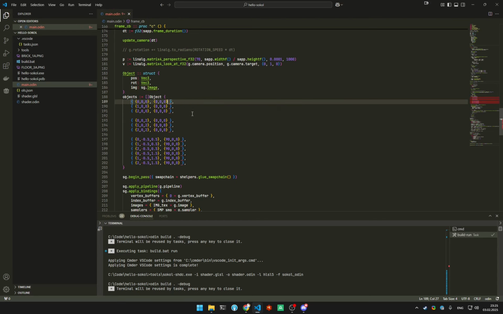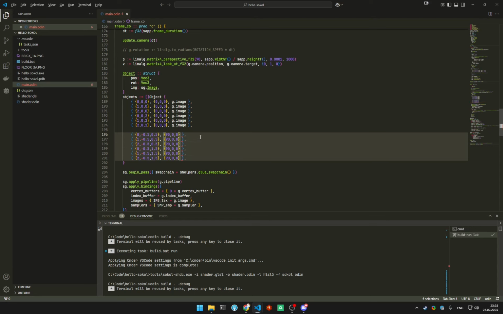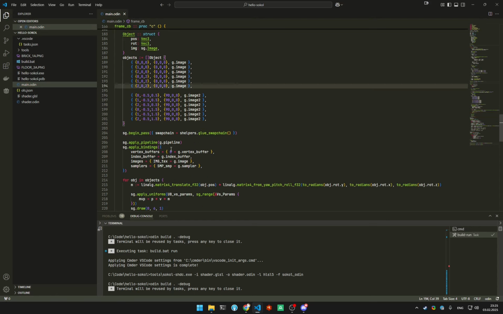So for the walls, yeah, I'm pretty bad at multi-cursors, but anyway, for the walls we want to say the first image, right? And for the floor we want to use the second image.